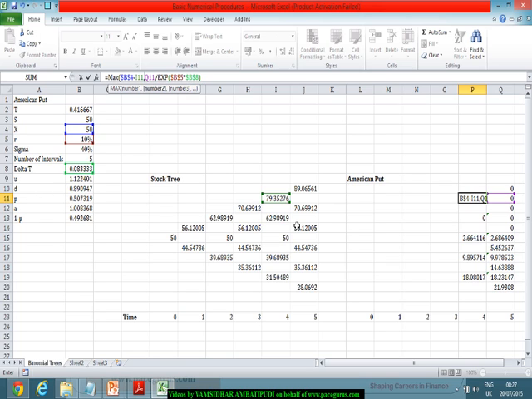I'll look at whether I take it to the next period or I exercise it at the current period itself. Whichever is the one that is having a higher payoff, I'm going to look at that particular option.